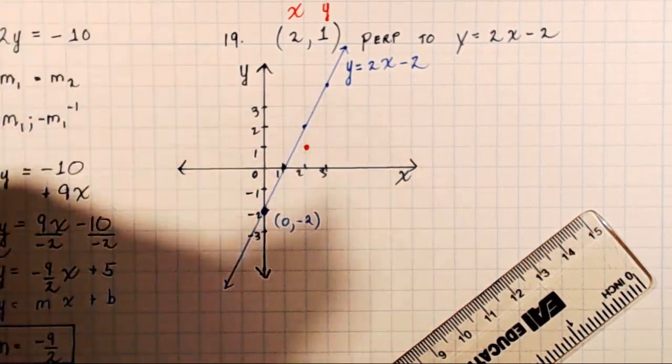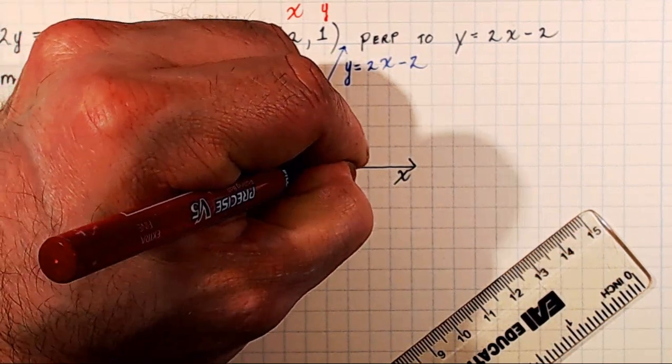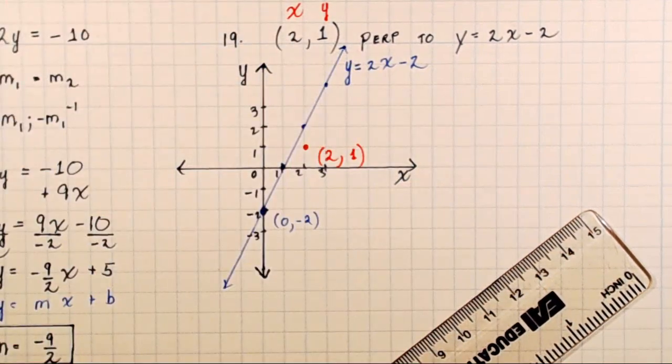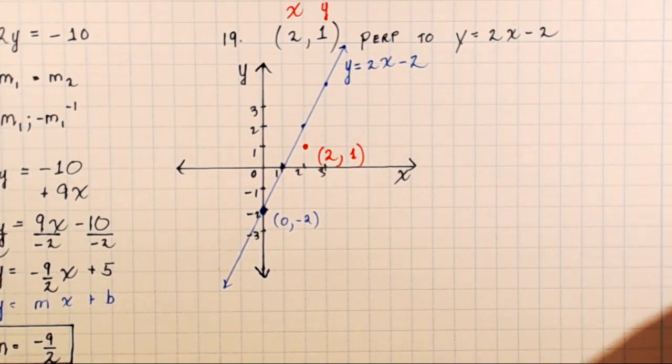There's my point, and that point is 2, 1. And what I'm trying to find is a line that is perpendicular to that line. I want to make sure that I actually get it right this time. Let's see if I have the tool that I need.